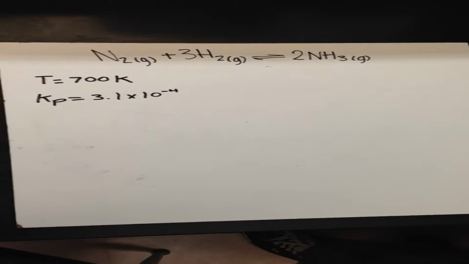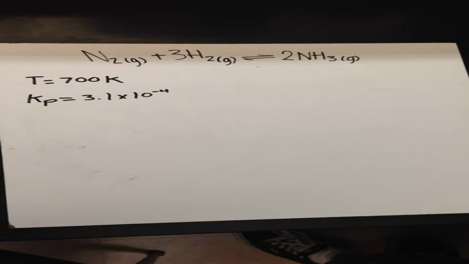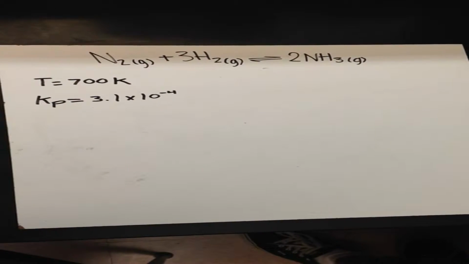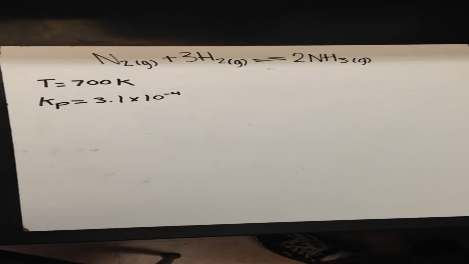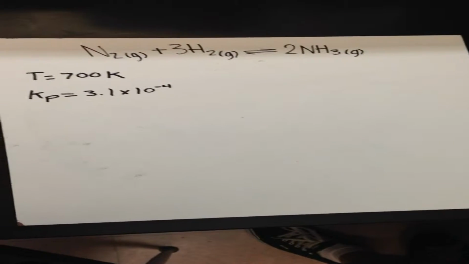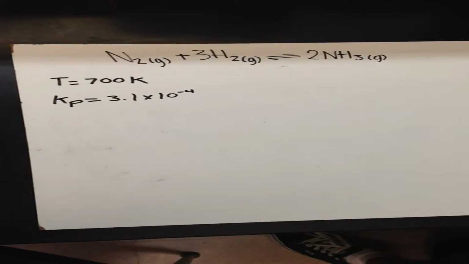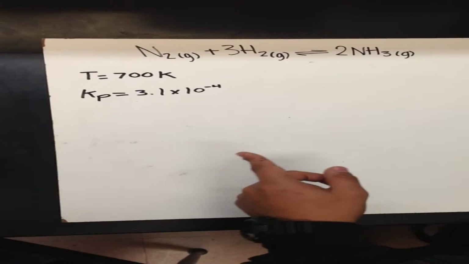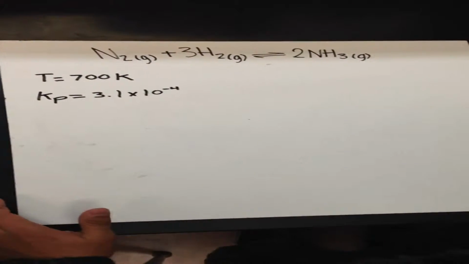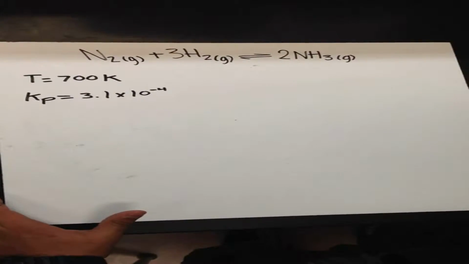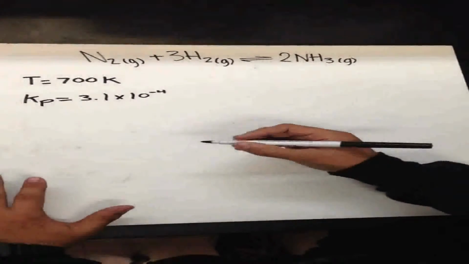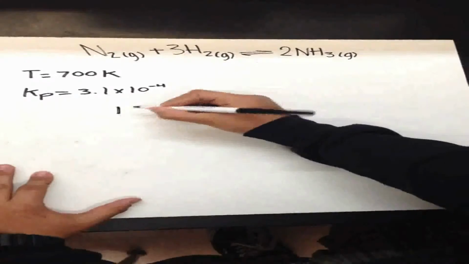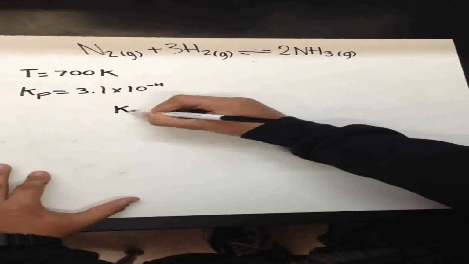Part C. Calculate the value of the equilibrium constant, Kc, given that the value of Kp for the reaction at 700 K is 3.1 times 10 to the negative 4th. Now, the T is 700 K and the Kp is 3.1 times 10 to the negative 4th. This equation is given to us on our blue little paper thing.